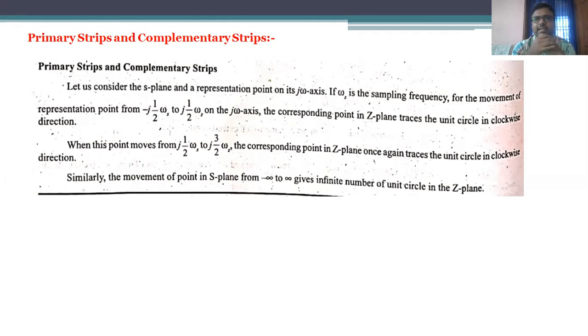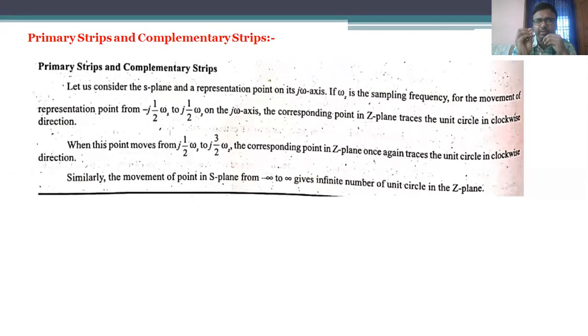But in general, the pole movement in the S plane traces from minus infinity to infinity. So this yields the production of an infinite number of unit circles with respect to the z-plane.